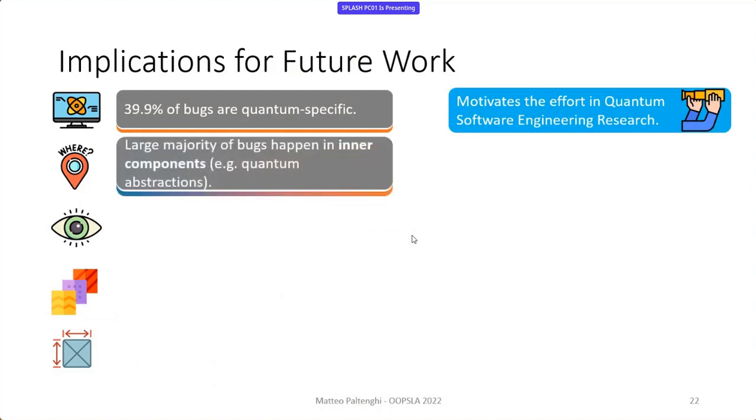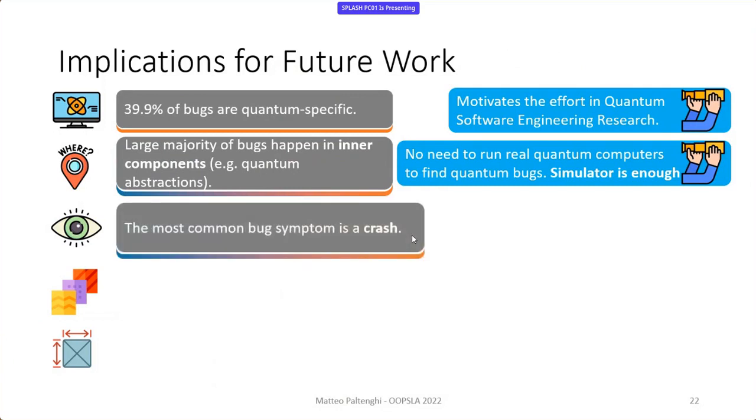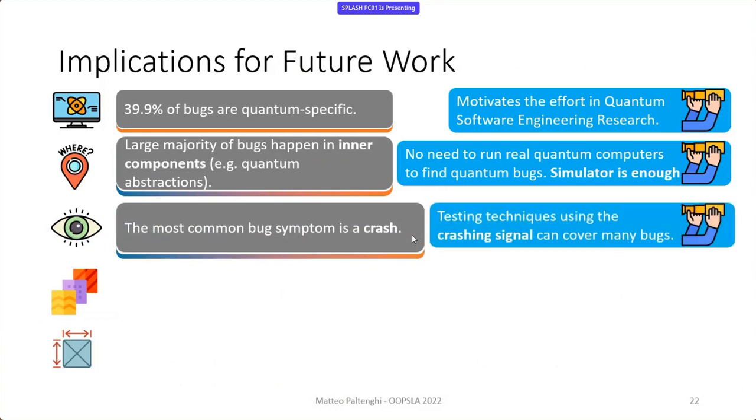Second, we found that a large majority of bugs happen in components which are inside the platform, such as quantum abstractions, and this can be exercised also with a simulator only. Therefore, we suggest that trying to use a simulator is still a good way to find these bugs. Then we found that the most common symptom is a crash, making the crashing signal a good candidate to test many of these bugs.